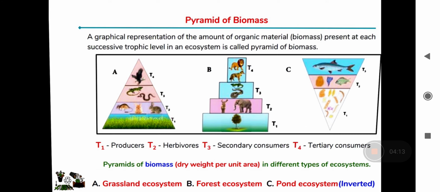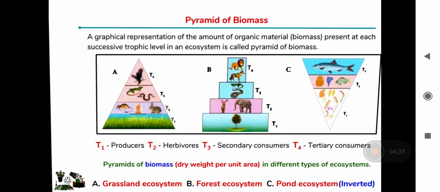In the forest also, you will see the dry weight of forest trees is more. Naman, you were asking whether A and B are the same type. Yes, they are the same type.